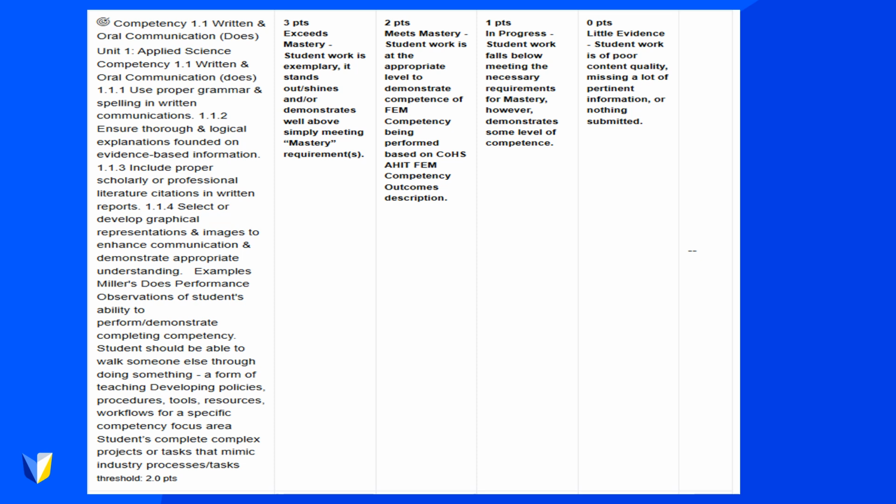Although it reflects 3 points, there are no actual points associated with the College of Health Sciences AHIT FEM competency outcomes that go into the student's gradebook. So no impact to the assignment. However, we're able to track the student's attempts at attaining mastery on selected assessments throughout the program.